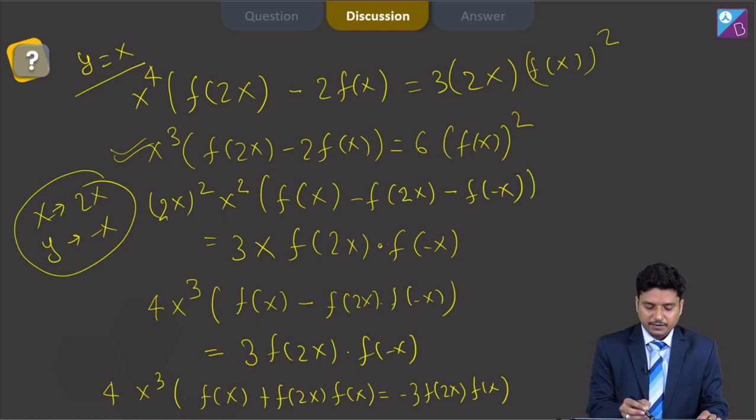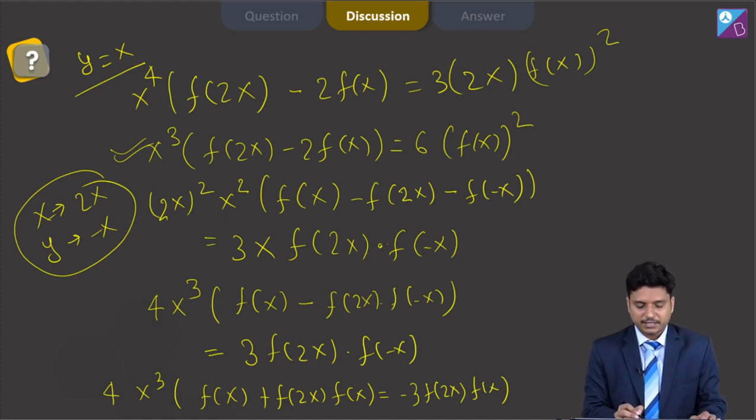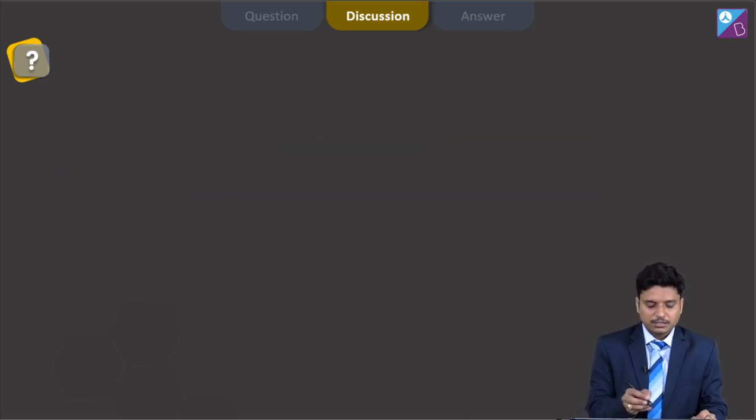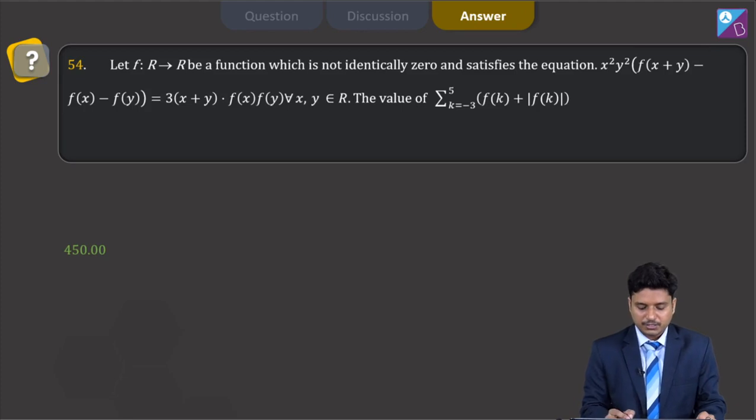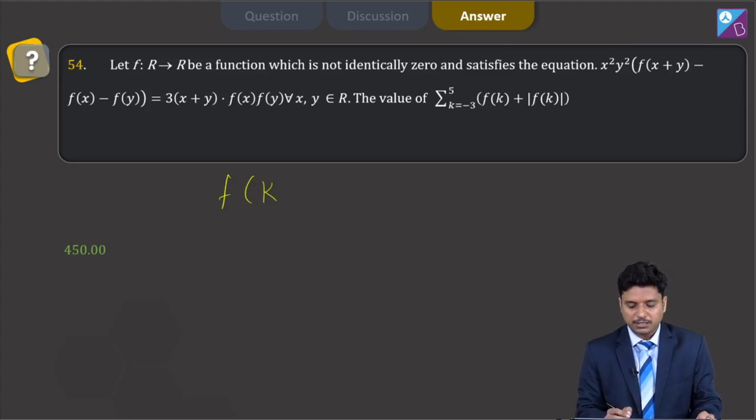So we are here with the two equations in f of 2x and f of x. One was present over here and another is present over here. So if we solve these two equations, after solving we get f(x) is equal to x cube. So if f(x) is equal to x cube, now you can easily find out the function.